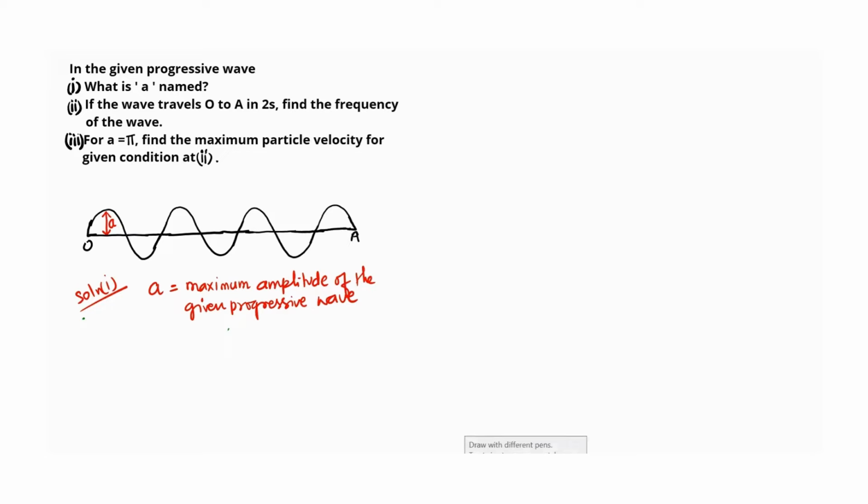Now, second, if the wave travels O to A in 2 seconds, find the frequency of the wave. When we look into this given progressive wave, we find there are 3 complete waves.